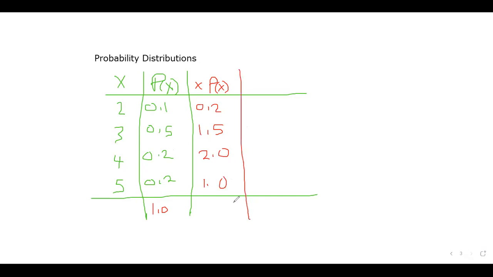So when you total up this, it's called summation of xpx. This is what we call our mean. So just total up this column, 0.2 plus 1.5 plus 0.8 plus 1.0. What we get is 3.5.